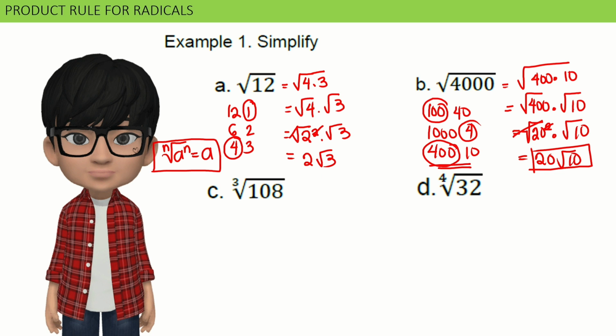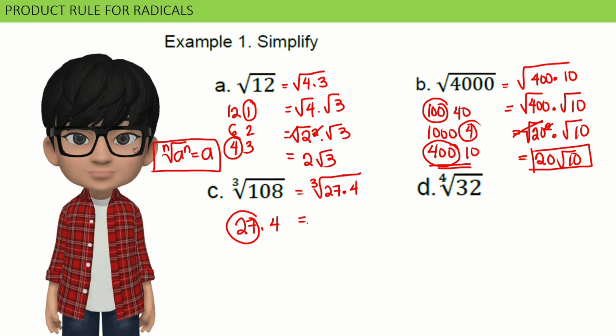Next, we have letter C. We have the cube root of 108. So if we factor 108, that is 27 times 4. So the highest perfect cube here is 27. So that is the cube root of 27 times 4.